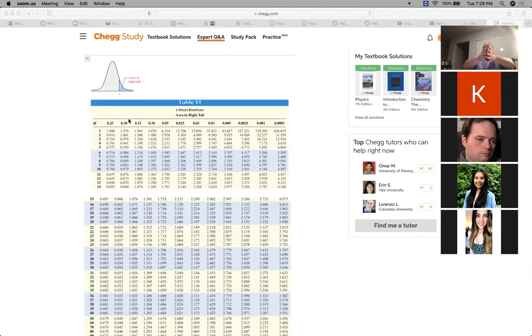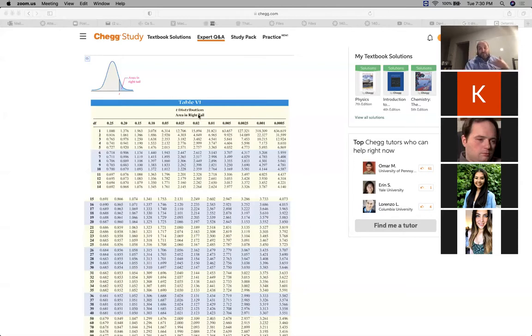Because of that, the distribution gets a little wider. In other words, our confidence interval is going to be a little bit bigger because of the uncertainty we have that comes from not knowing sigma and having to use S. So T-star numbers are going to be a little bigger than their corresponding Z-star numbers.